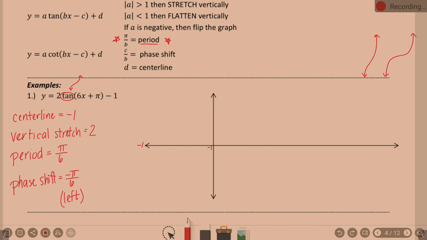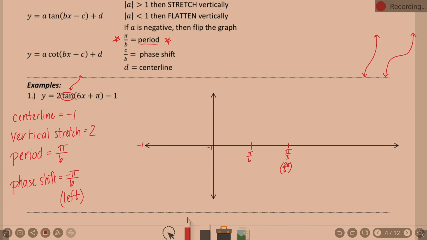So I'm going to label this as pi over 6. Now, if I say I want at least 2 cycles, then what else should I do? I should probably do 2 pi over 6. What is 2 pi over 6? Pi over 3. I'm going to put 2 pi over 6 down here just as a reminder, like I did 1 pi over 6, 2 pi over 6.